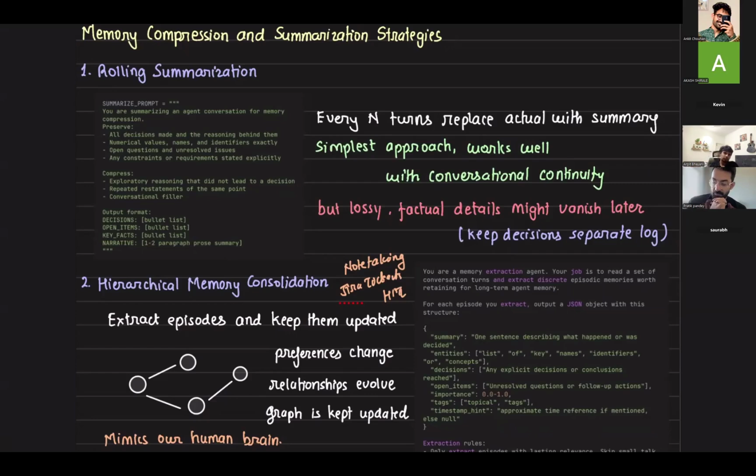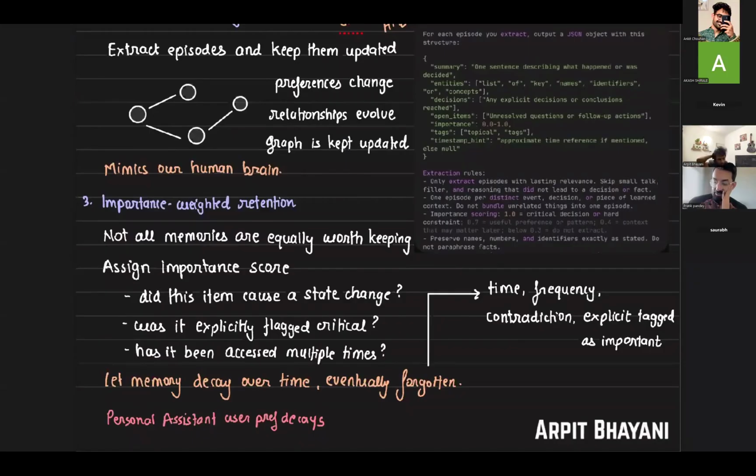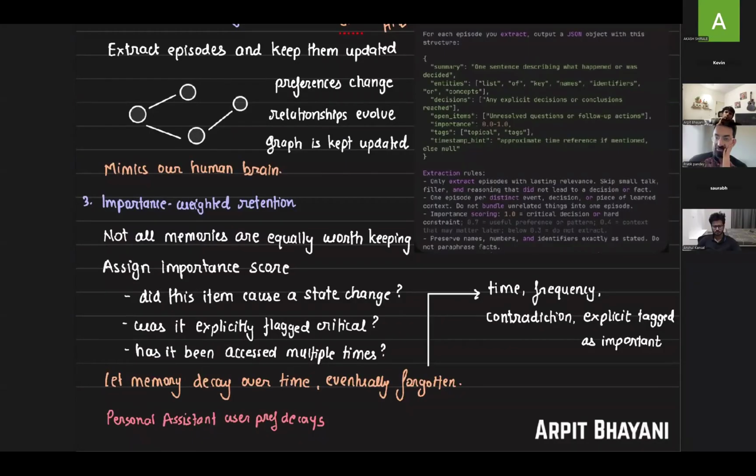Got it. And weighted memory, can you go down? That's the last one here. Weighted attention. Oh yeah, this one is there with everything. Any memory that you're storing has to be weighted.